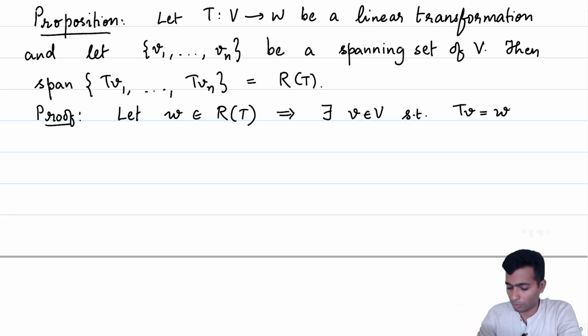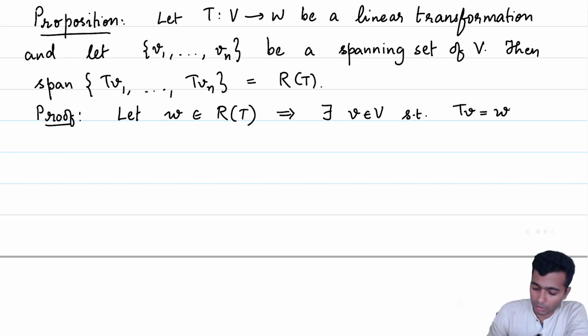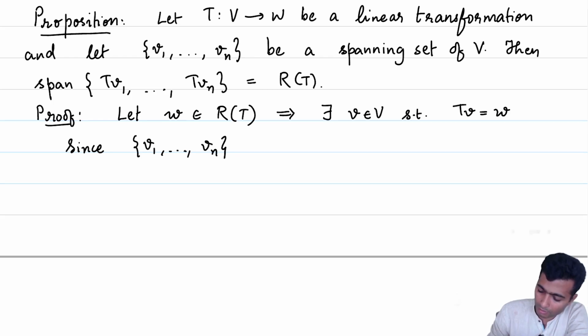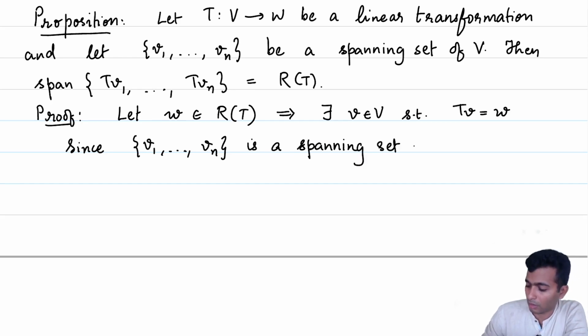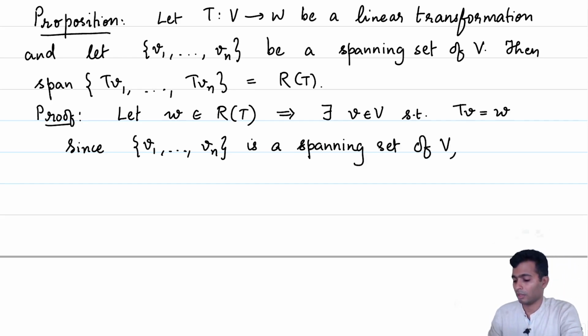But what do we know about V1 to Vn? V1 to Vn is a spanning set of V. So since V1 to Vn is a spanning set of V, we can write any vector of V as a linear combination of V1 to Vn.